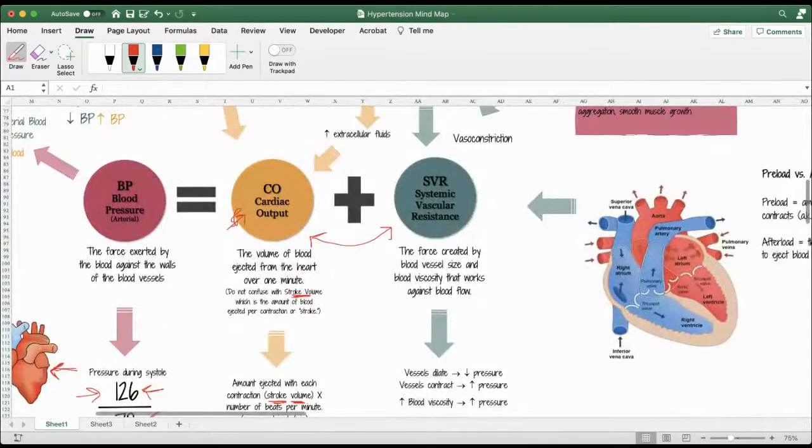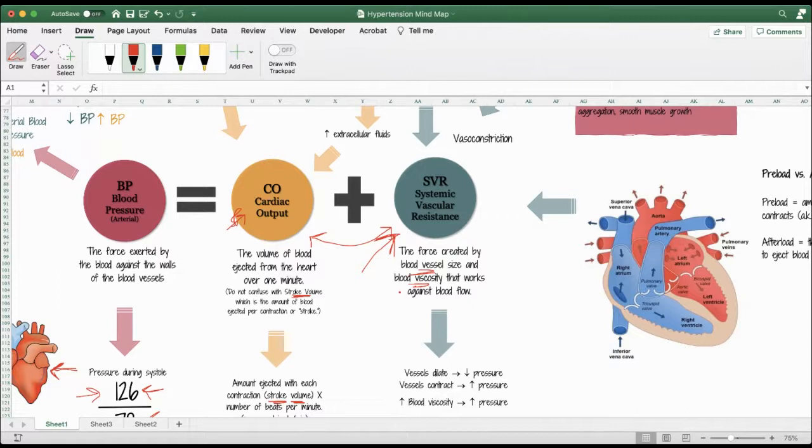Then we have systemic vascular resistance. This is the name we use to describe the force working against blood flow. It's created mostly by blood vessel size, whether it's dilated or constricted, or by blood viscosity.